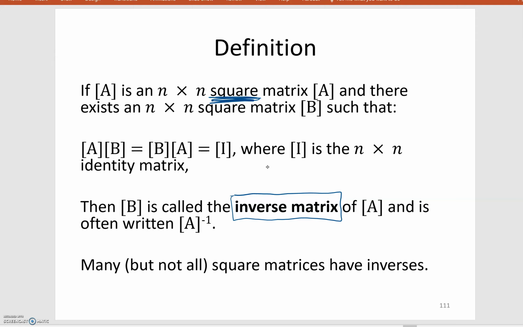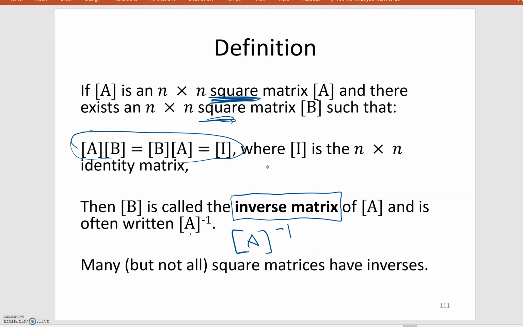The inverse matrix will also be square, and it has to meet this condition that when I multiply A times B or B times A, I get the n by n identity. If all that happens, then this matrix B is actually the inverse matrix, and we won't call it B, we'll actually call it A with a little inverse -1 written up there. So A^-1.